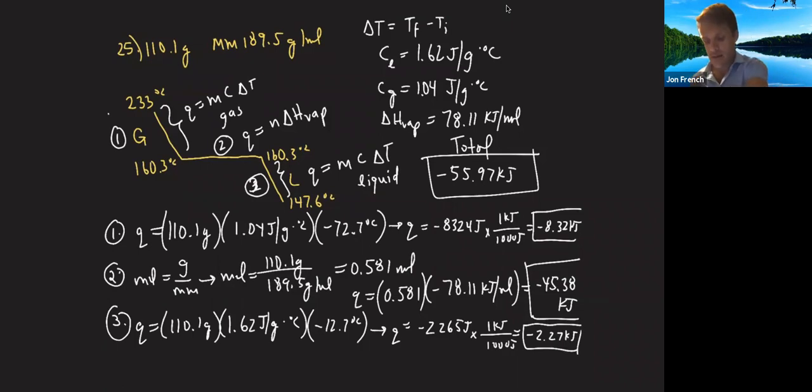On part 2, they give you information in kilojoules per mole, whereas everything else was based on grams, so we had to find moles of this unknown compound. There were a couple of tricks thrown in there, as well as the challenge of breaking that into three separate calculations.